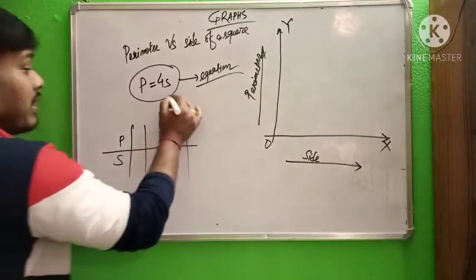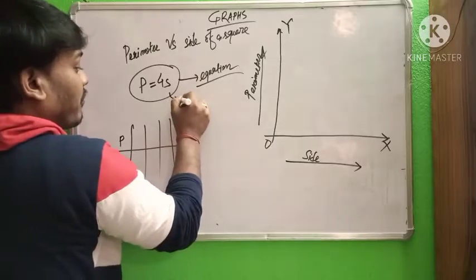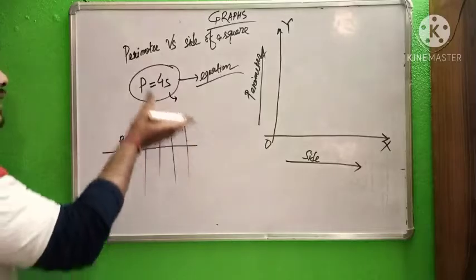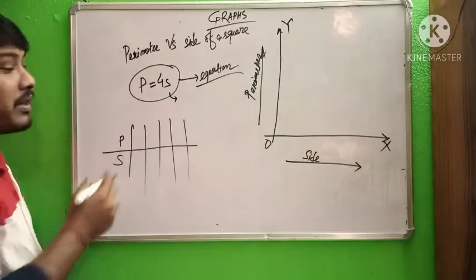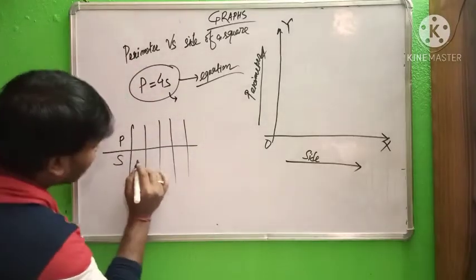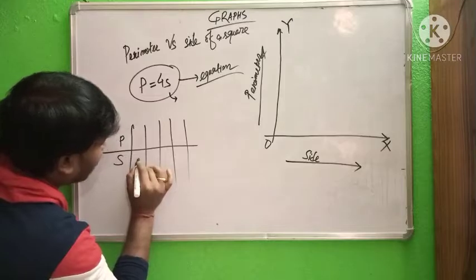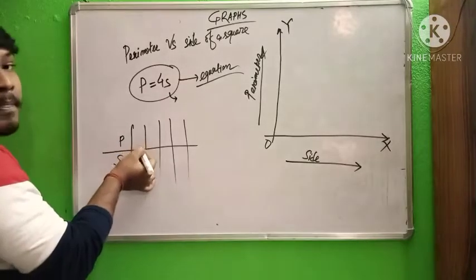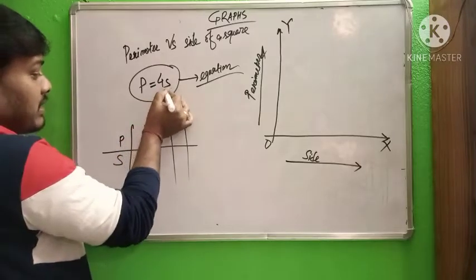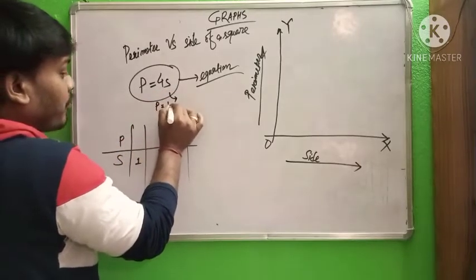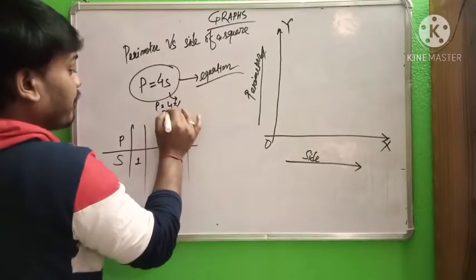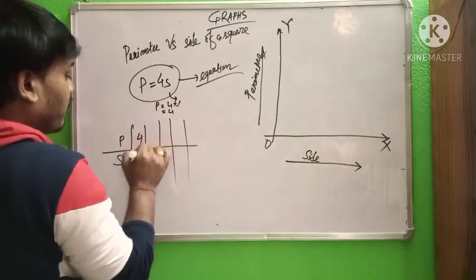So if we take any values of s, 1, 2, 3, 4, then we get a value of P. So here first we take the value of s as 1. Then what is the value of P? If we take s equal to 1, then P equal to 4 into 1, so the value of P is 4.